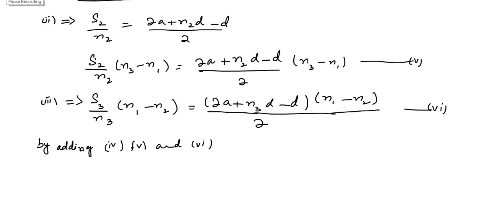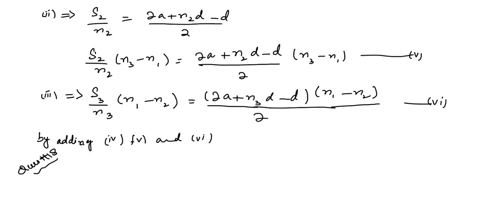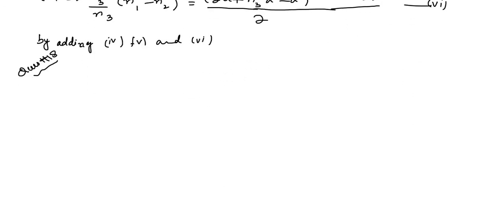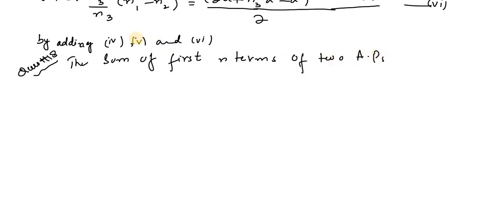Okay, in question number 18, the sum of the first n terms of two arithmetic progressions are in the ratio (13 minus 7n) to (3n plus 1).